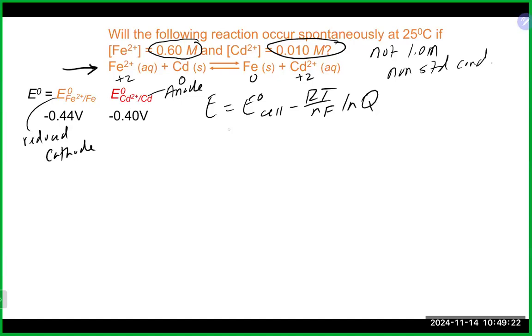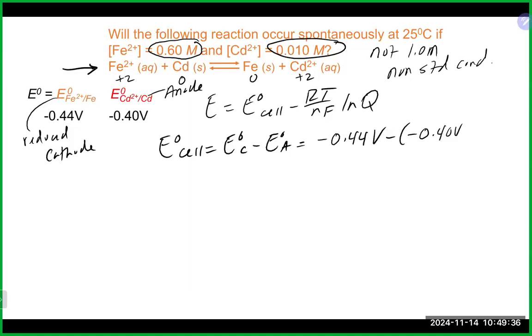So we can calculate our E of the cell under standard conditions by taking our cathode minus our anode here, and putting those numbers in will give us negative 0.44 volts minus a negative 0.4 volts. That gives us a negative 0.04 volts, right?